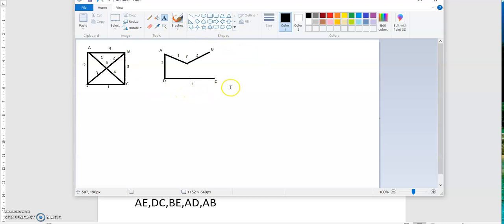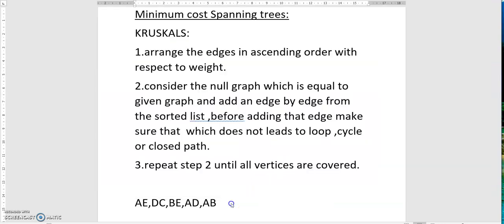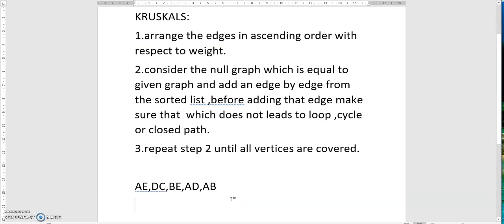Kruskal's diagram, Kruskal's arrangement. Now find the minimum cost using Kruskal's. 2 plus 1 is 3, 3 plus 2 is 5, 5 plus 1 is 6. So 6 is the minimum cost of the spanning tree.